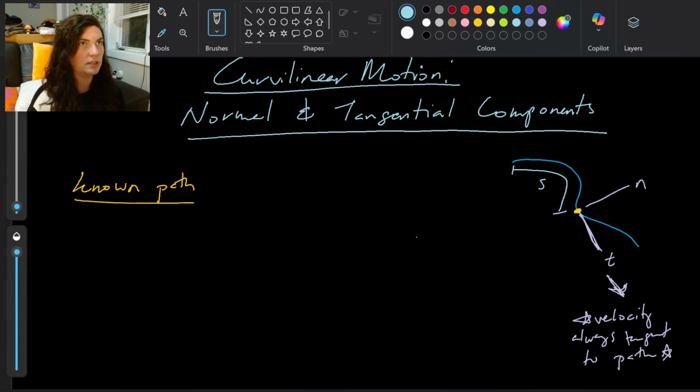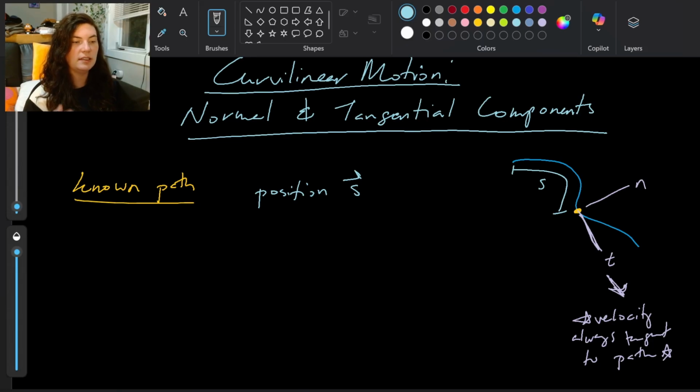Somewhere you have that position. And we're still going to have a vector for position. Position is somewhere on the path. The path is known, so it's a known path that we're traveling most of the time for these problems.